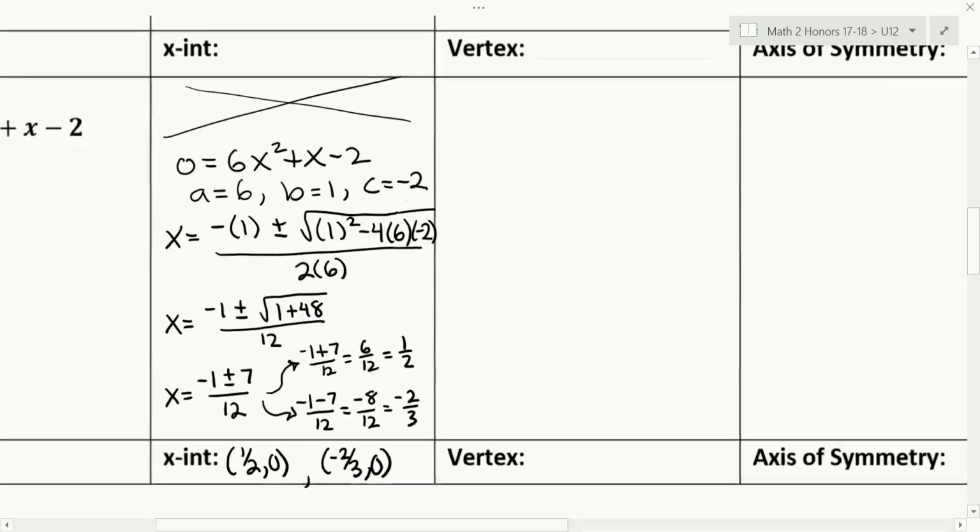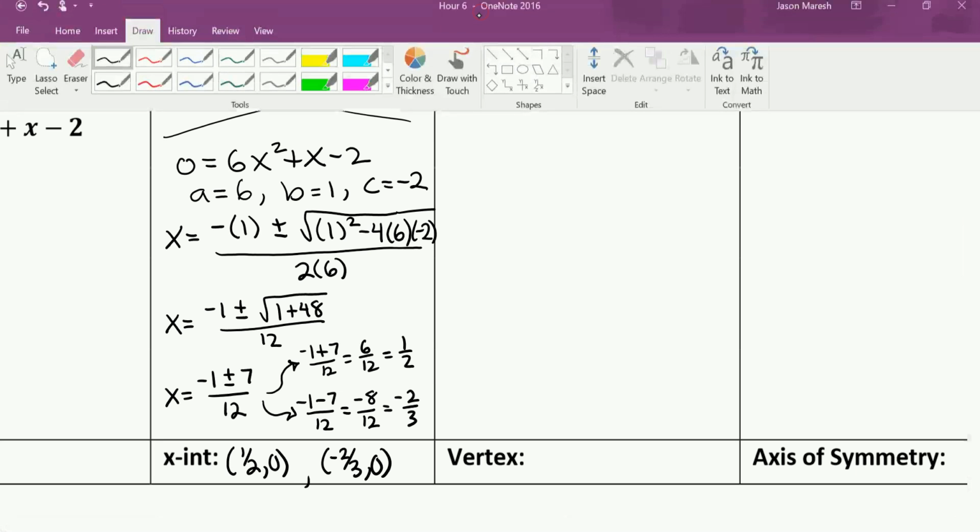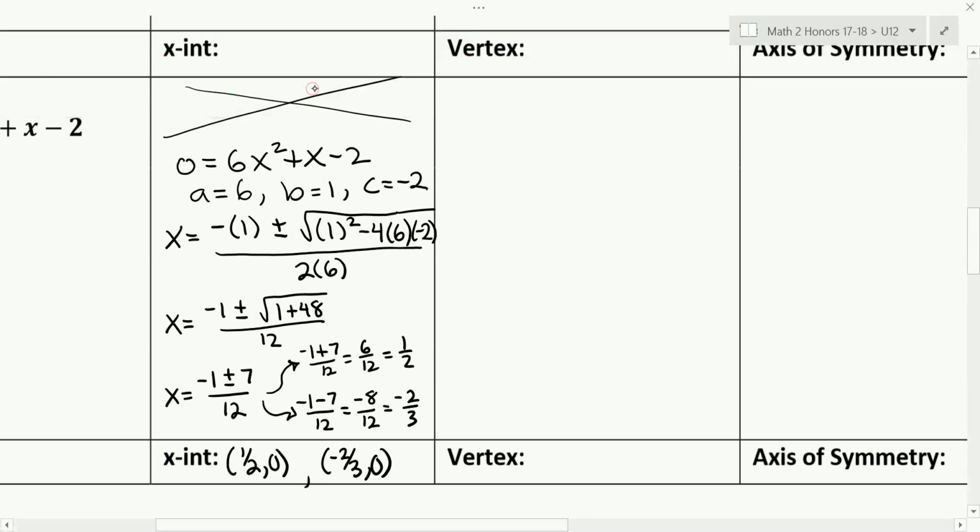Anybody tell me what the axis of symmetry is? Do you see it in here? What's the axis of symmetry? Negative b over 2a. Here it is, negative 1/12. That's your axis of symmetry. That's the middle of the graph.